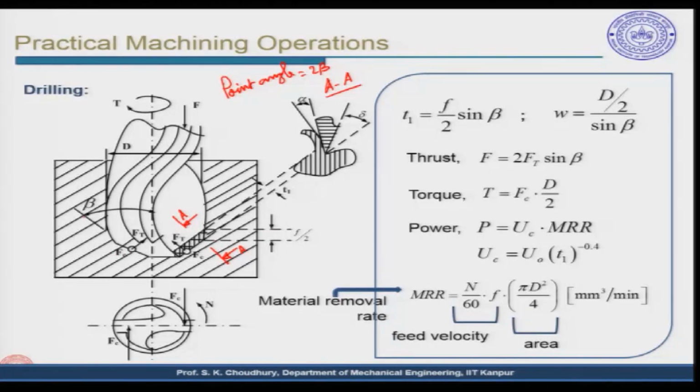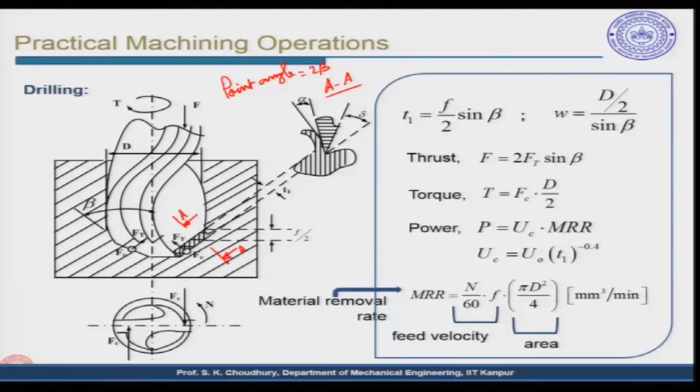Now, the angle from this tooth to this is given by the tool, this is the point angle as we said. So, let us take beta as half of the point angle, and in this case we said that T1, which is like in case of turning, this is the distance, and this T1 is F by 2 into sine of beta, since F by 2 is here.